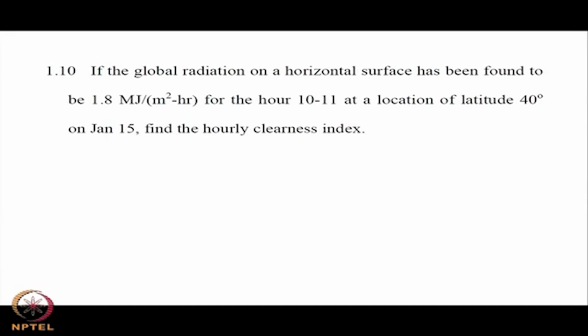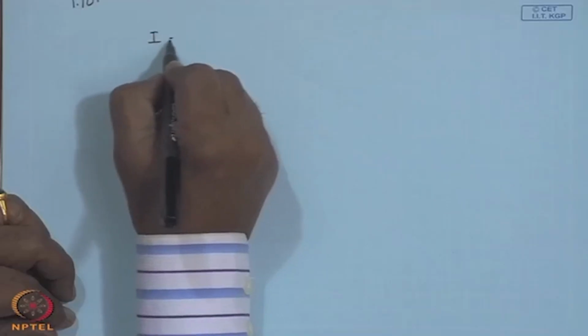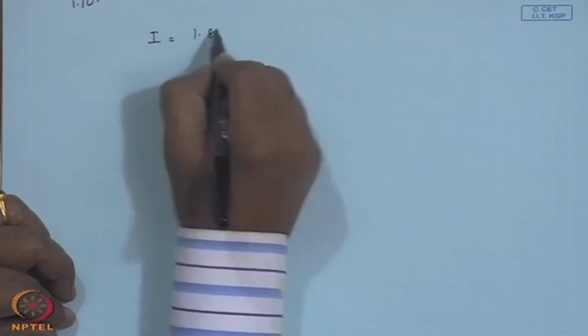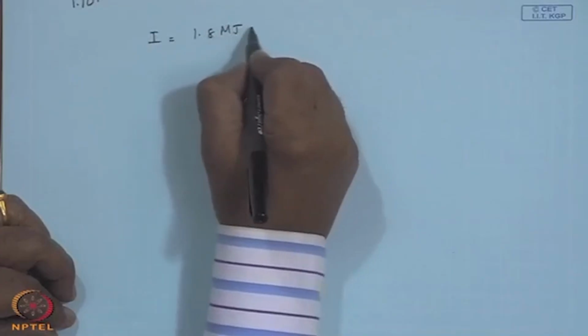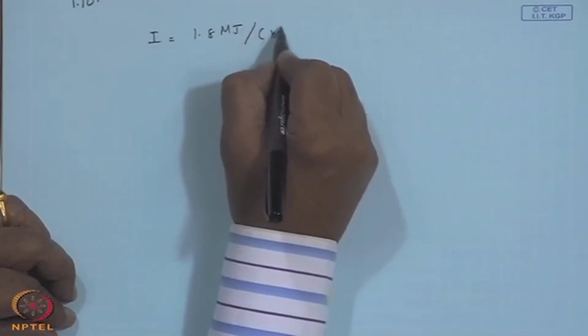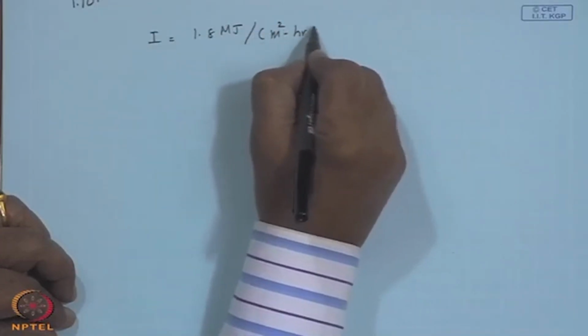Like I was mentioning, this problem has been modified to take care of the hourly factor rather than the daily. So, as per our notation, we are given I equal to 1.8 megajoules per meter square hour.